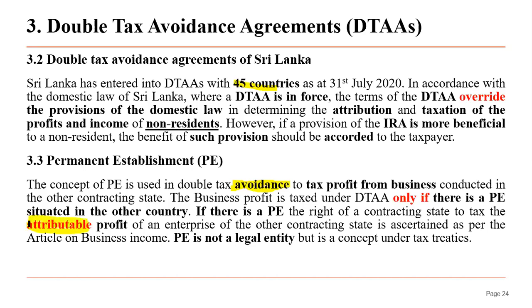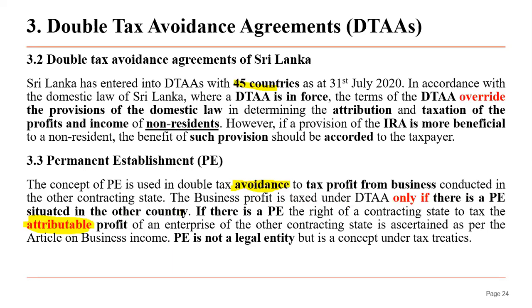In the exam also, this wording is very important when you are writing. So the attributable scenario, right? The business profit is taxed under the DTA only if there is a PE situated in the country. We are not going to tax each and every person unless there is a PE.